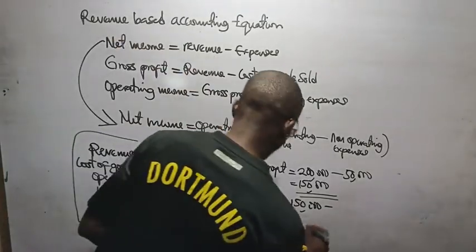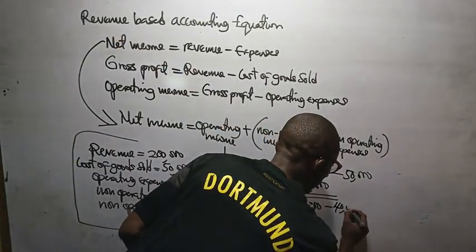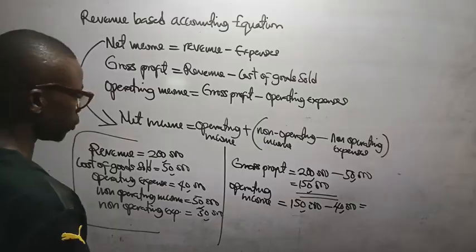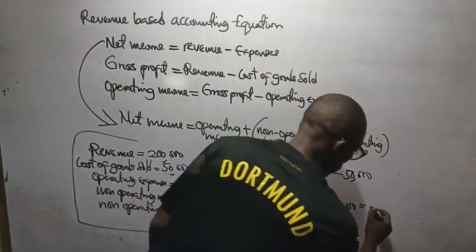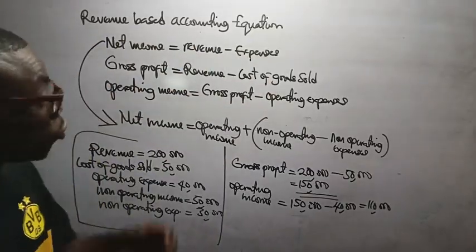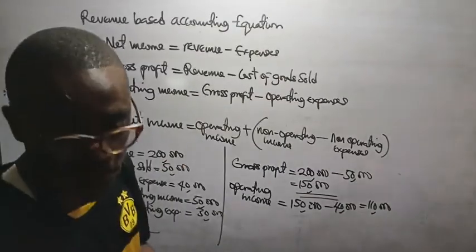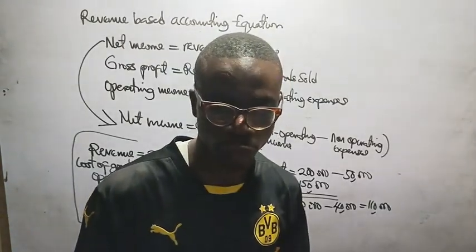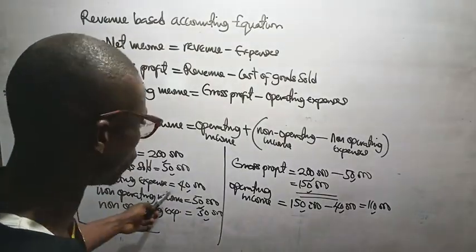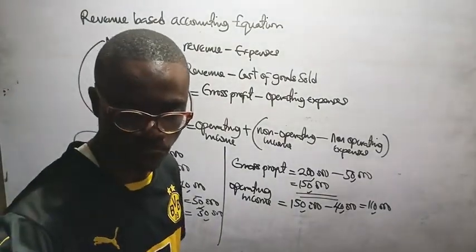Operating expenses of 40,000 naira. So our operating income will be 110,000. Yes, there was a mistake there.